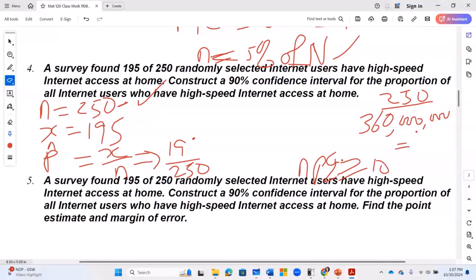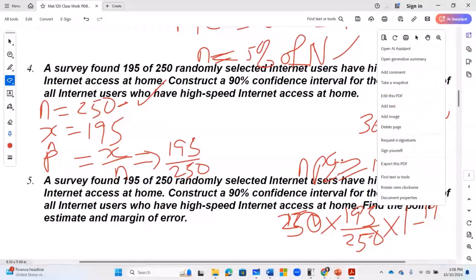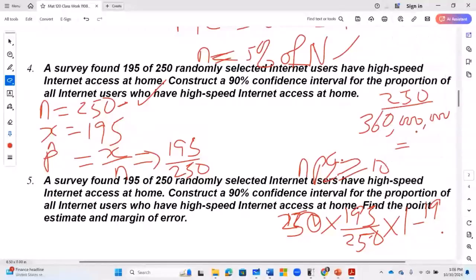N is 250, as given to us, and P is 195 over 250, and Q is 1 minus P.